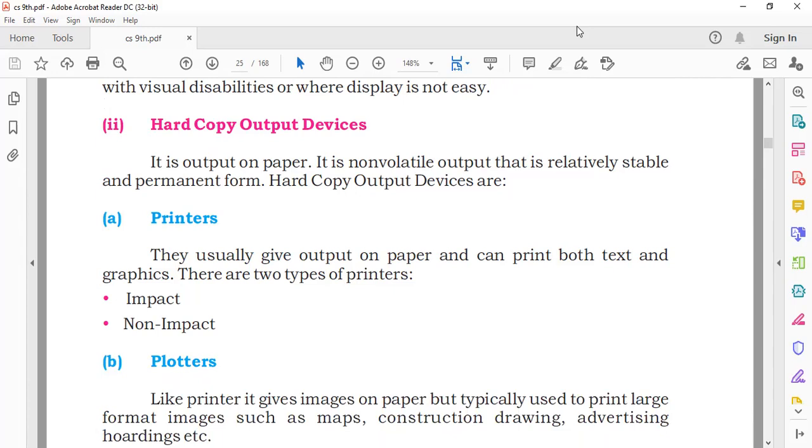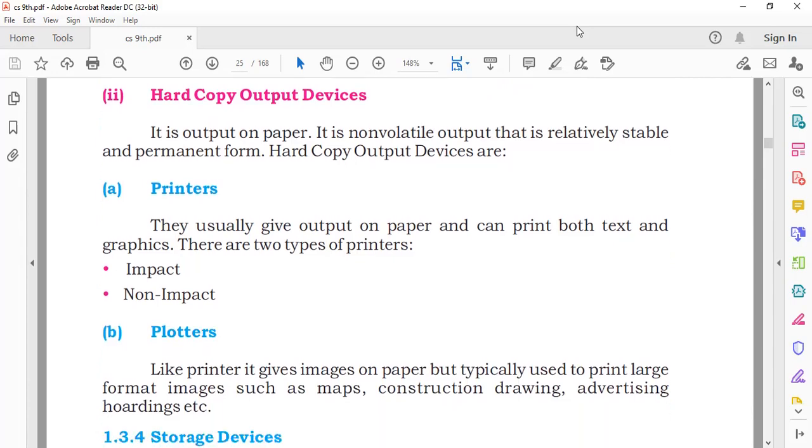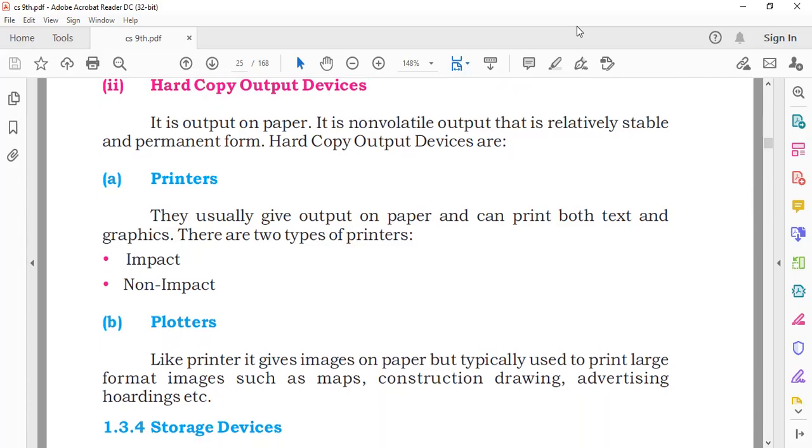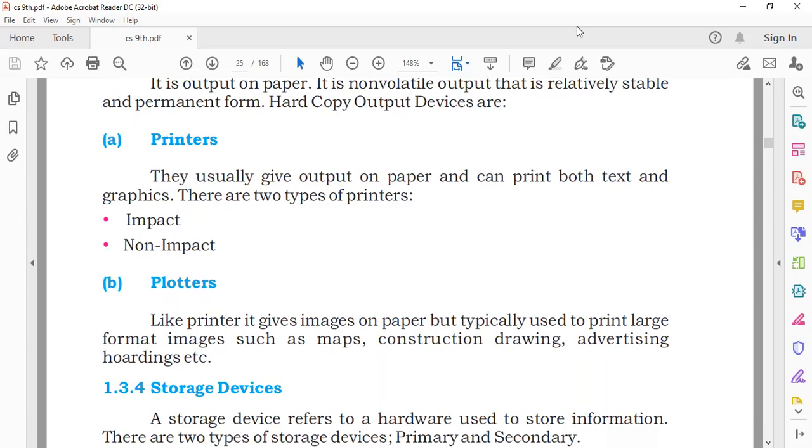Now, hard copy output devices. It is output on paper. As I told you before, hard copies are represented in the form of a pattern, but on paper rather than on a screen. You can take the example of your textbook which you study in your class. These are hard copies.